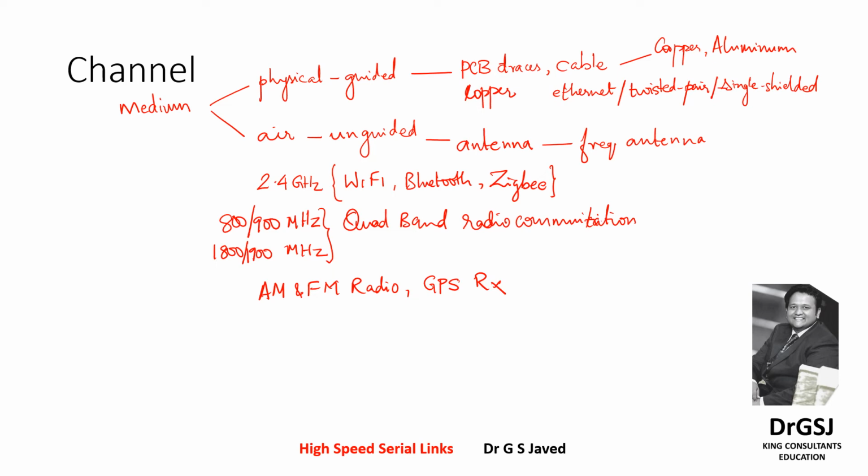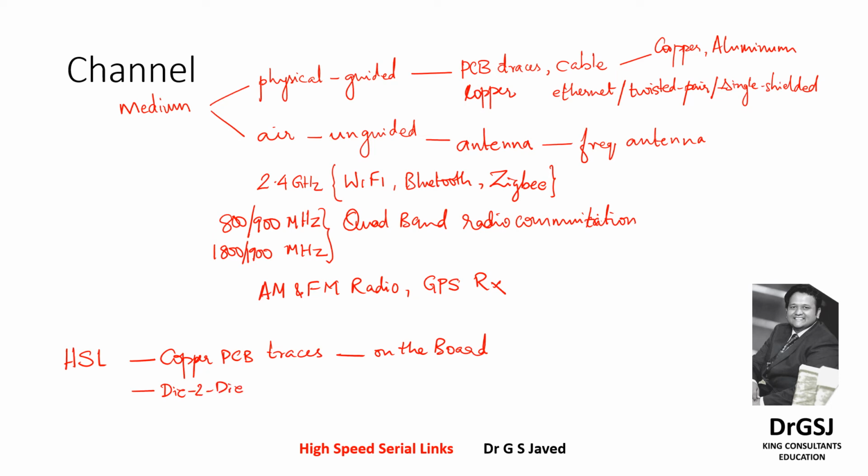Now, for high-speed serial links, what we will use are two common ones, which would be the copper PCB traces on the board. The next one could be the die-to-die interface.